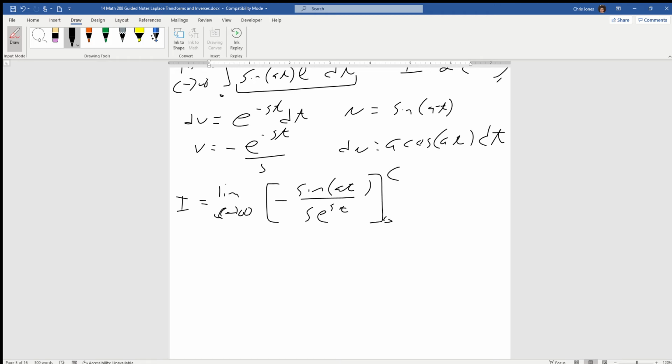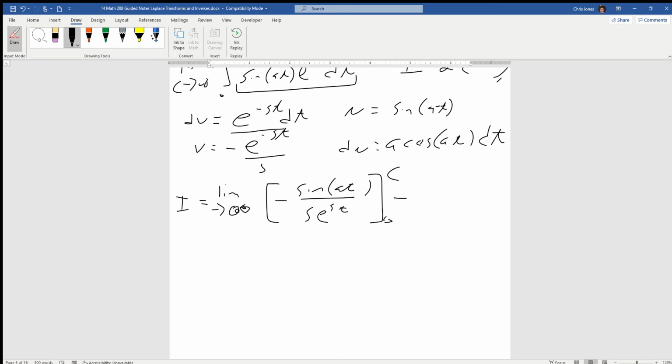All right, so what I did was I just swung this dv to the denominator right away. That's going to make it really easy to evaluate the limit, or at least very intuitive as to how to evaluate this limit.